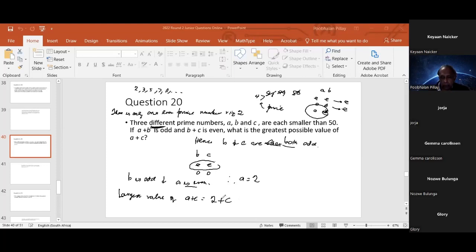So to find the largest value of A plus C, C will have to be the largest prime less than 50. You want it to be as large as possible. Largest prime number less than 50. Right? And it wasn't without any reason that I said that 47 is the largest prime. You can see 48 is not, 49 is not, 50 is not. So 47 is this number that we're looking for.